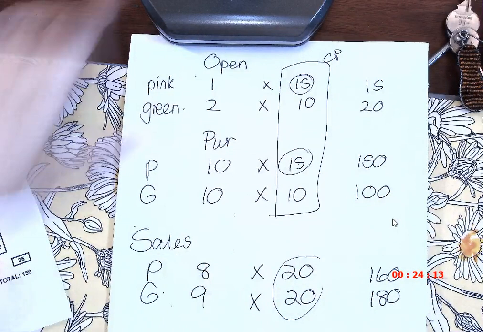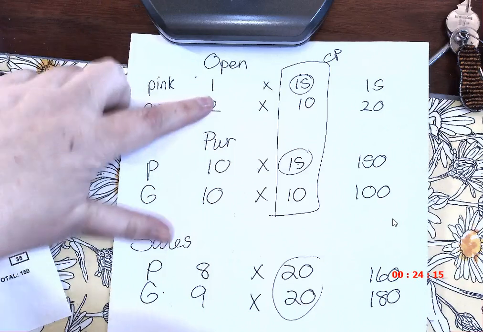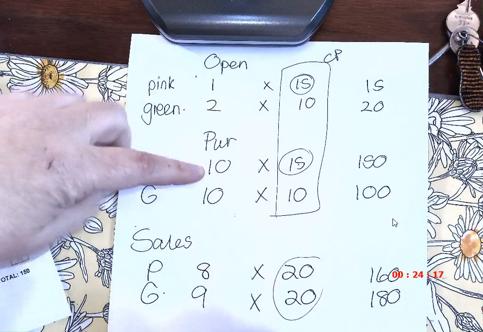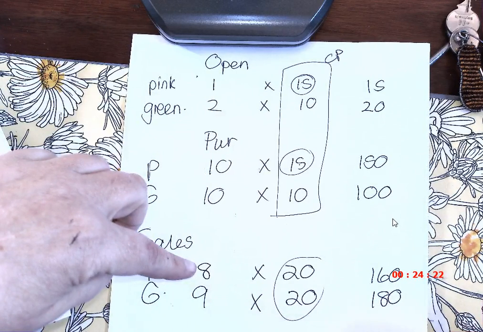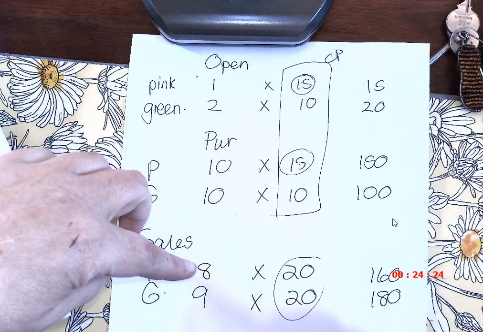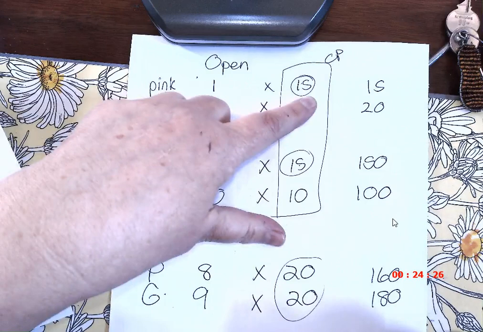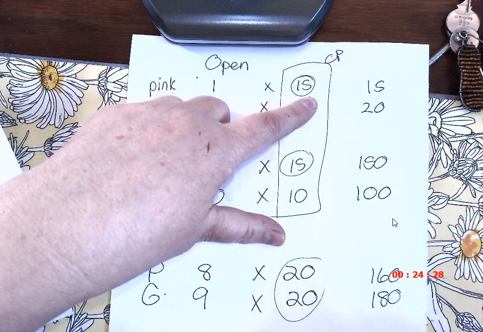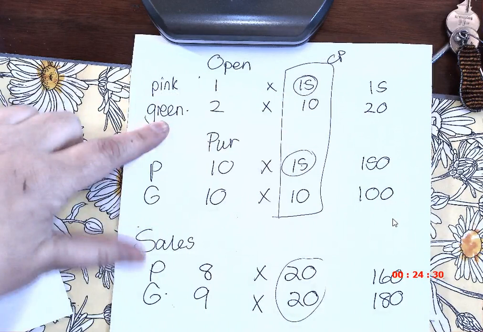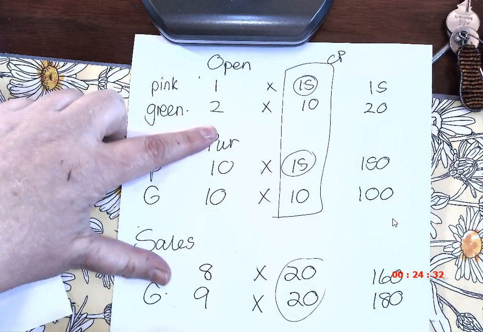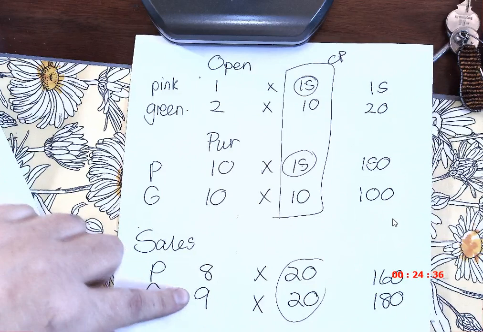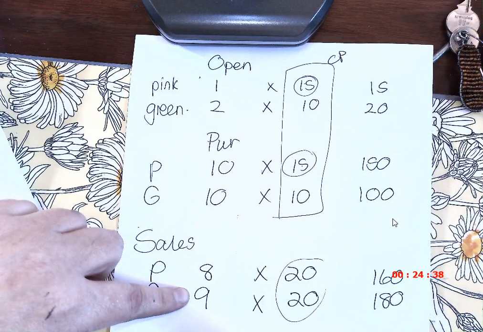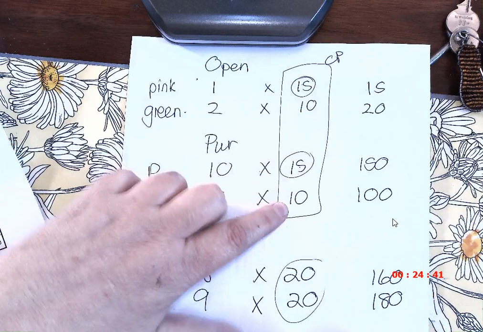So now I'm going to say pink. I had 1, I bought 10, I sold 8, so I have left 3 at 15 rand. Green, I had 2, I bought 10, I sold 9, so that's also 3 at 10 rand.